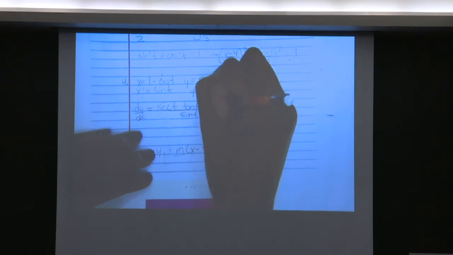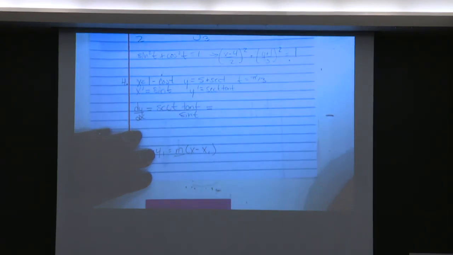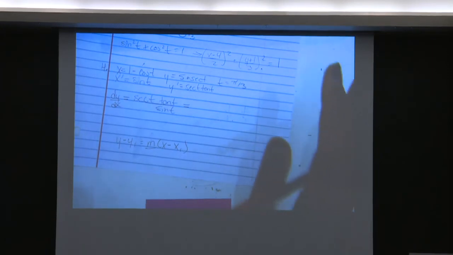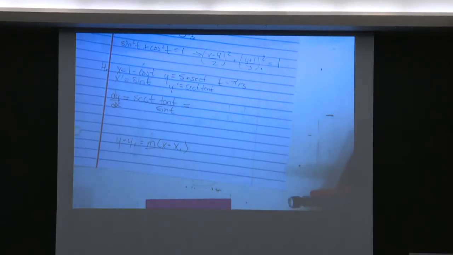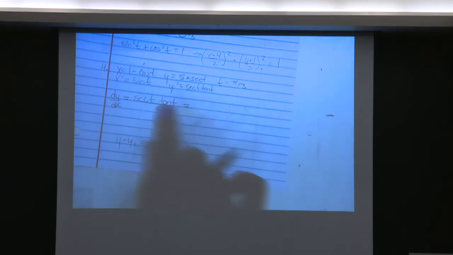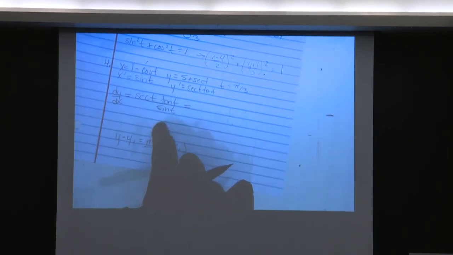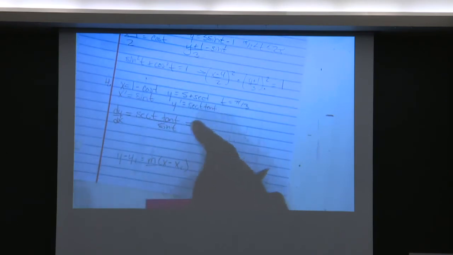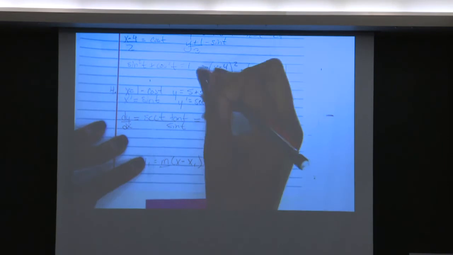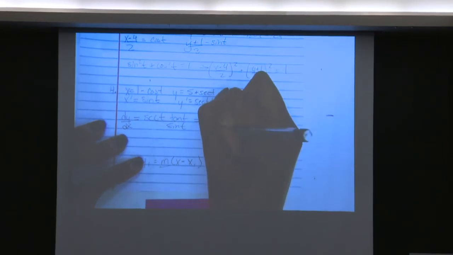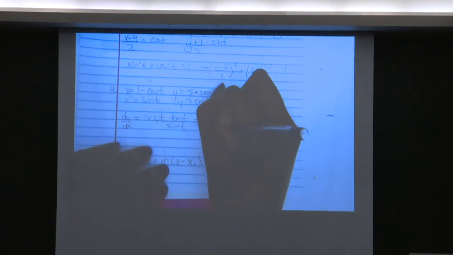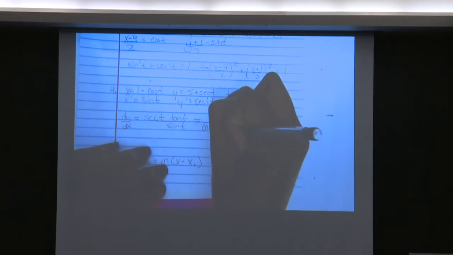Okay. I'm messing myself up because I have two different things. I think I made a mistake on my key, so I'm redoing it and realizing my mistakes as I go. So that's my fault. Don't listen to me. So secant t is 1 over cosine.